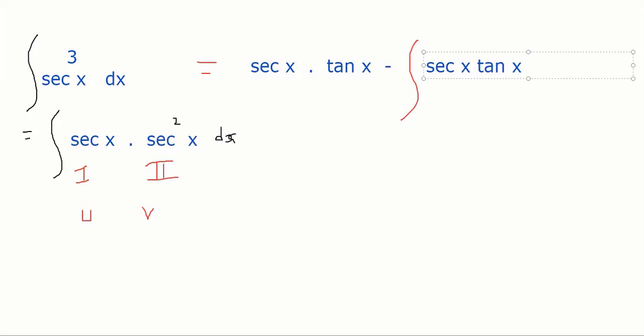Differentiation of first. The differential of secant x is secant x tan x. Yes or no, guys? And finally, integration of what? Integration of, again, the second one, secant square x, so again tan x. Till now, it's okay?